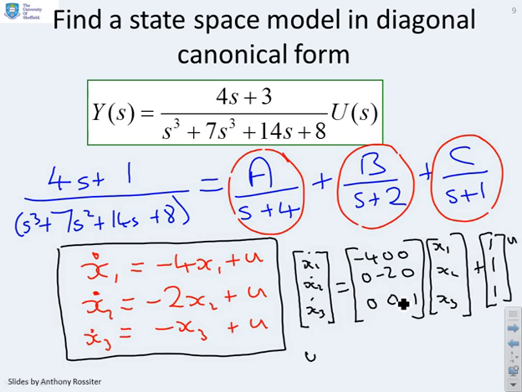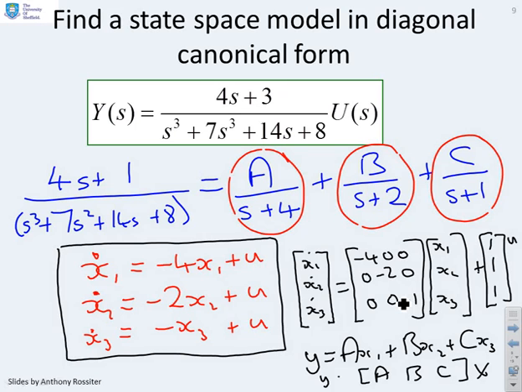Well, the output y is going to be a x1 plus b x2 plus c x3, and therefore your output matrix is going to be a, b and c, obviously into the vector x. And I'm not going to bother solving for a, b and c here, as that's a partial fraction problem and you can do it by yourself.